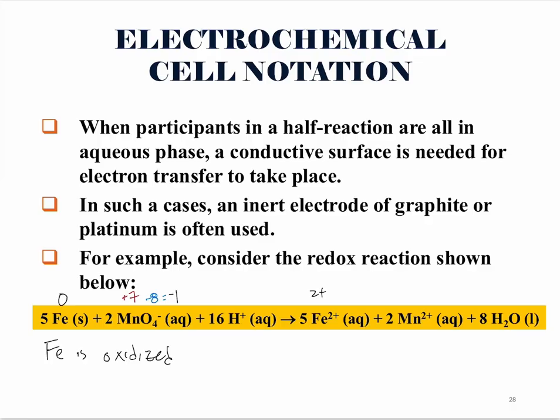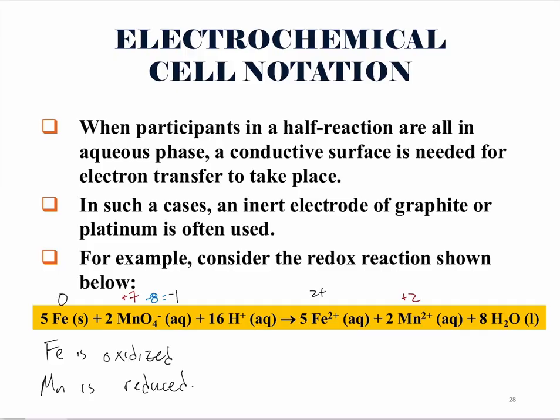So the total charge is going to be +2. So what happened to manganese? It was reduced because we started with a very positive charge on it. We gained 5 electrons, and now it's a less positive charge on manganese. So manganese is reduced, right?